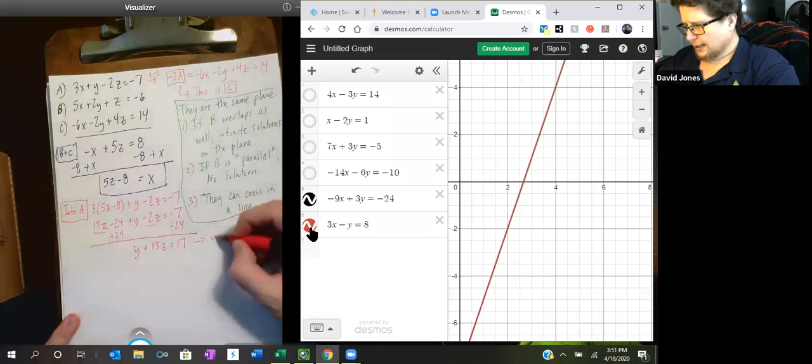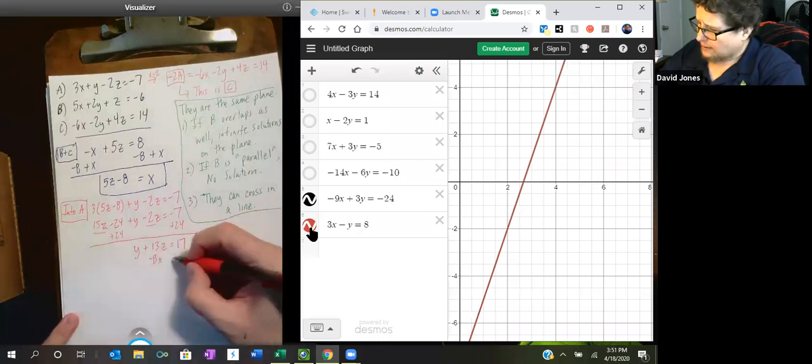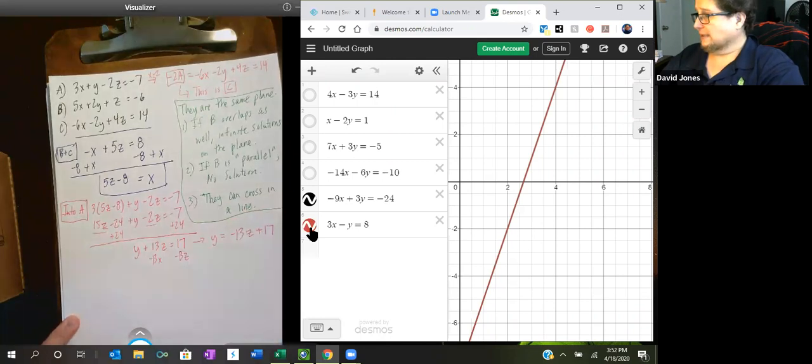So y, if I subtract 13z, I get y equals negative 13z plus 17.